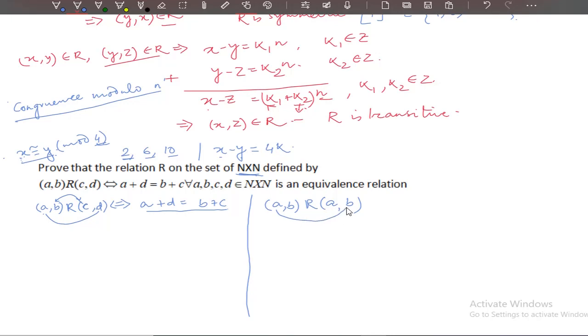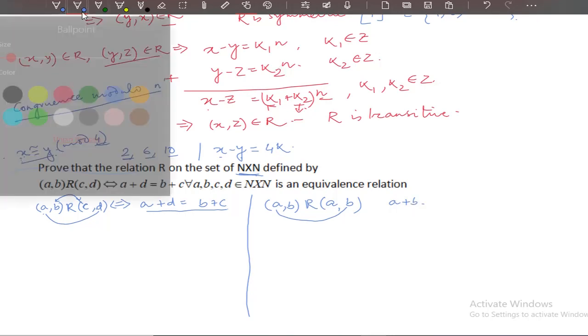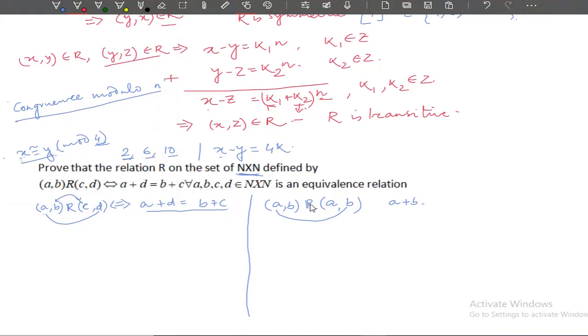Sum of the extremes a plus b and sum of the means, that is b plus a, and that is true for natural numbers because a and b are natural numbers. That is true, commutativity of addition. So this is reflexive. I am doing it in short.